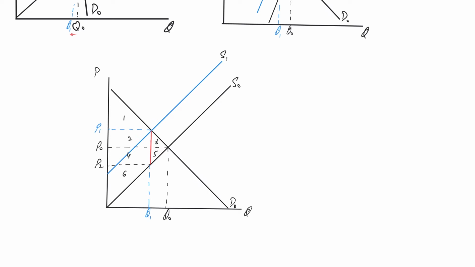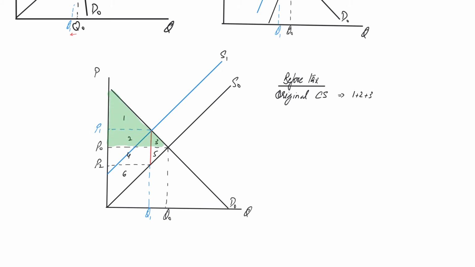Now what happens is, the original before tax, right? Okay, so before tax, my original consumer surplus was 1 plus 2 plus 3. Okay, that was the original right here.